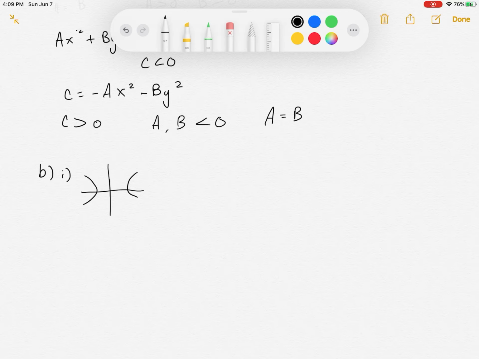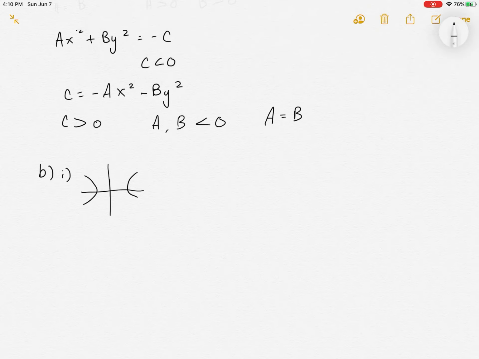And that would mean that the C value, if you put it in this form, on this side has to be positive, so C must be negative.